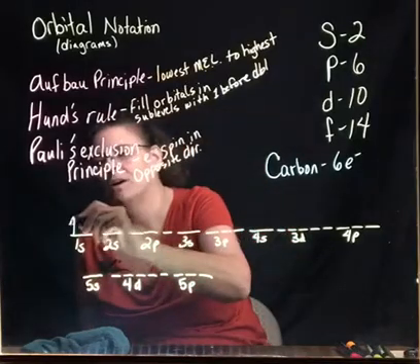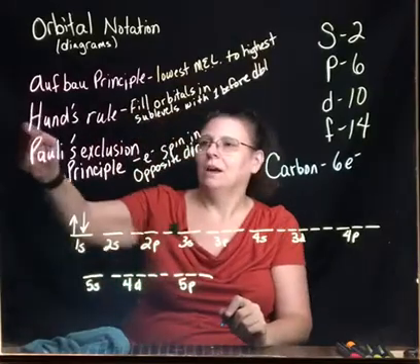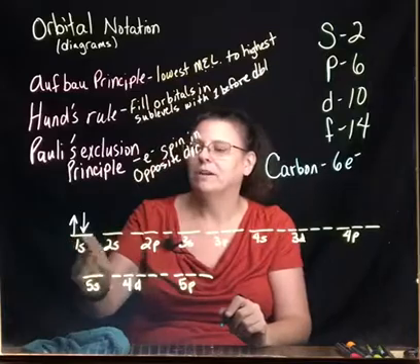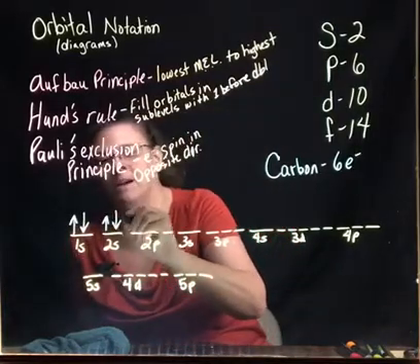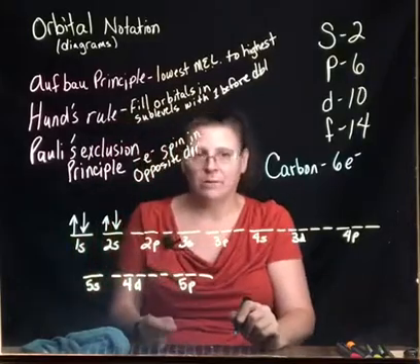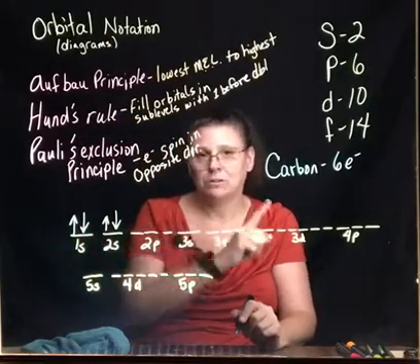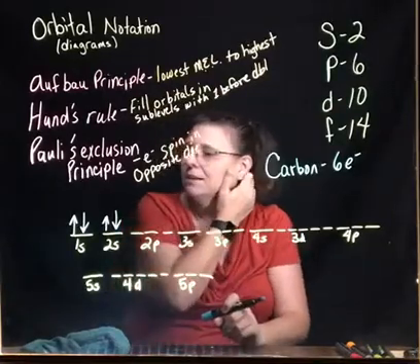So I do 1 up, and then I have to go 1 down. That's Pauli's. Hund's rule, we don't have to worry about it here yet. Then we have 2s. We go up, then down. I'm going to have you always start with an up arrow and then a down arrow. So always go up arrows, then down arrows. Just be consistent. You won't make any mistakes.